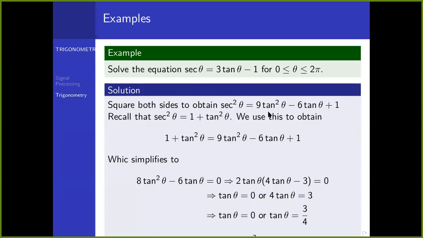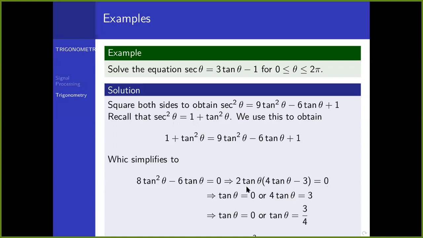We square both sides and use the fact that the secant squared of theta is the same as 1 plus tan squared of theta. When we make that substitution, we simplify everything to this: 2 tan squared theta plus 4 tan theta minus 3 is equal to 0.